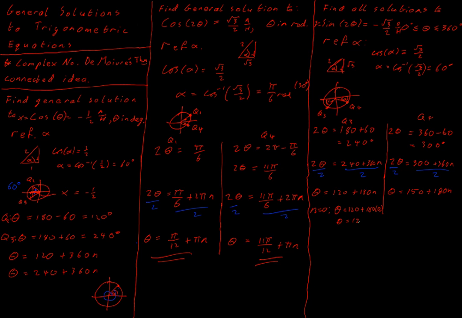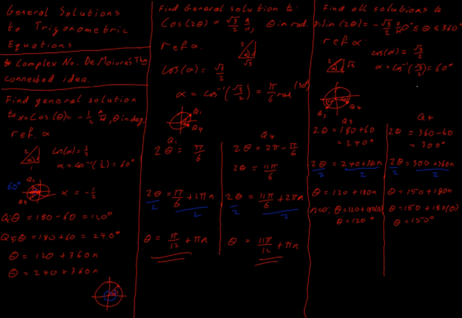So theta is equal to 120 is a valid solution. And when n is 0, we have theta is equal to 150 plus 180 times 0, so we just end up with theta is equal to 150.